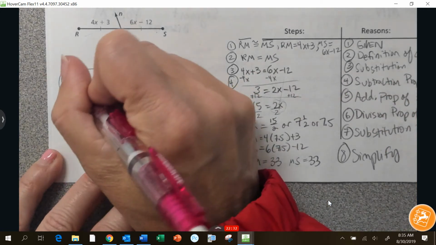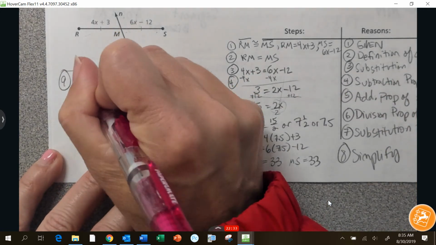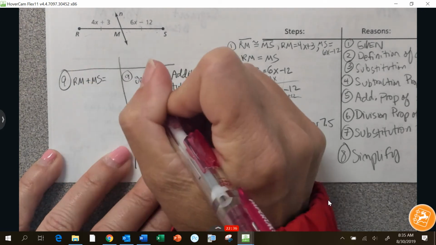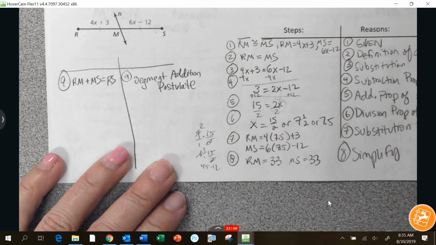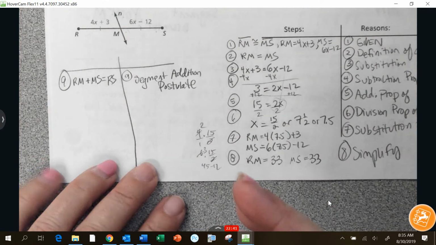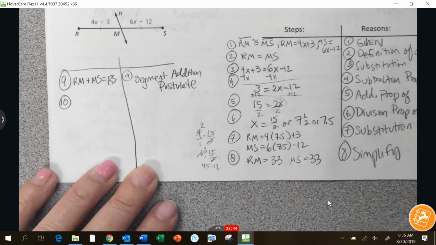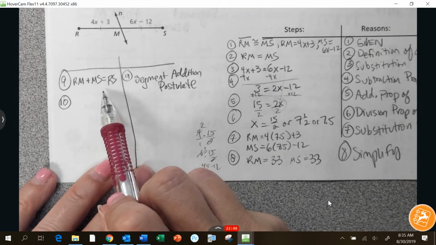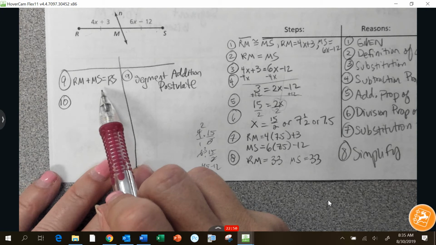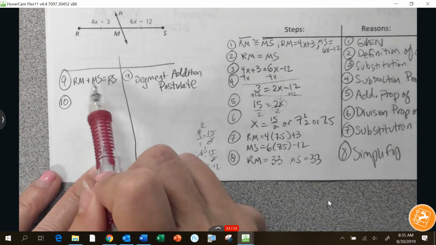Okay, so I'm going to put RM plus MS equals RS. So now I have RS in here. I know how to find RS. What can I do now that I have the segment addition postulate written down? Substitute.